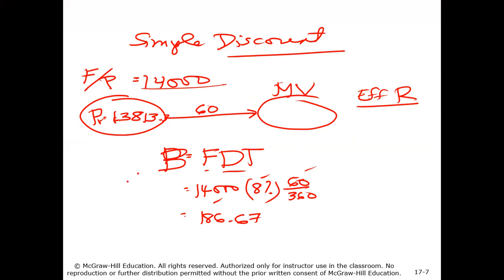This is now the proceeds. So we're not getting 14,000, we're getting 13,813.